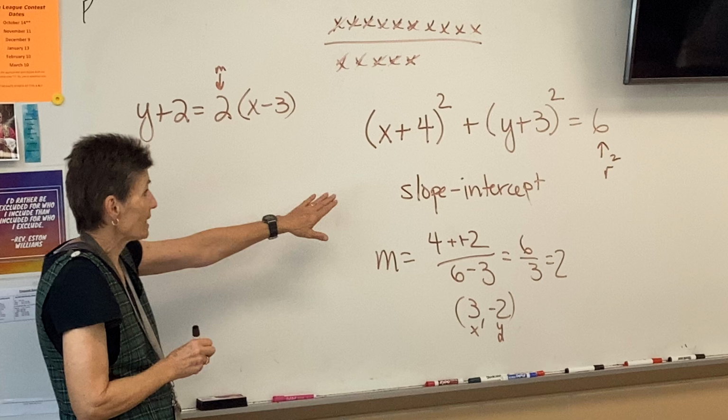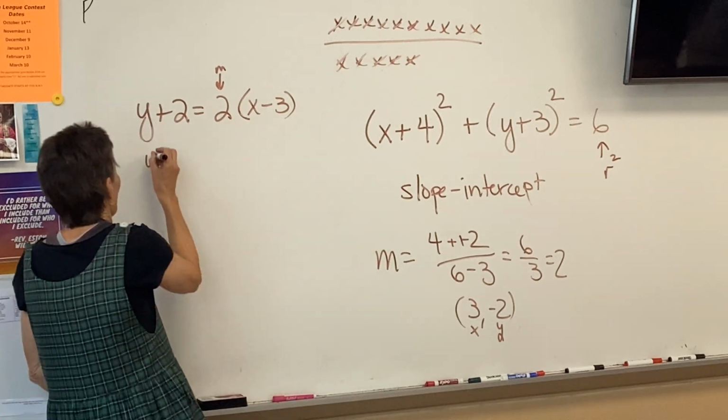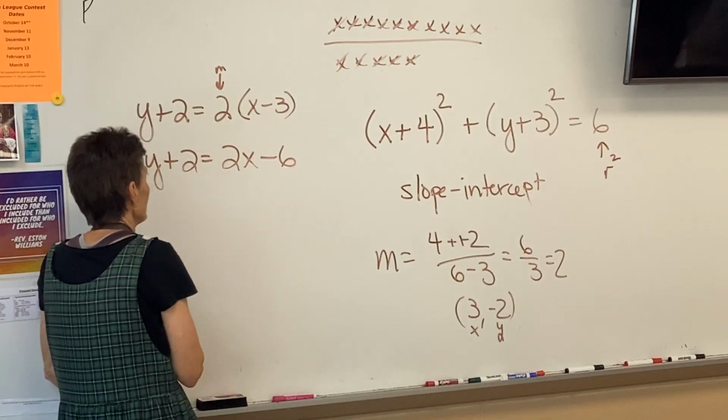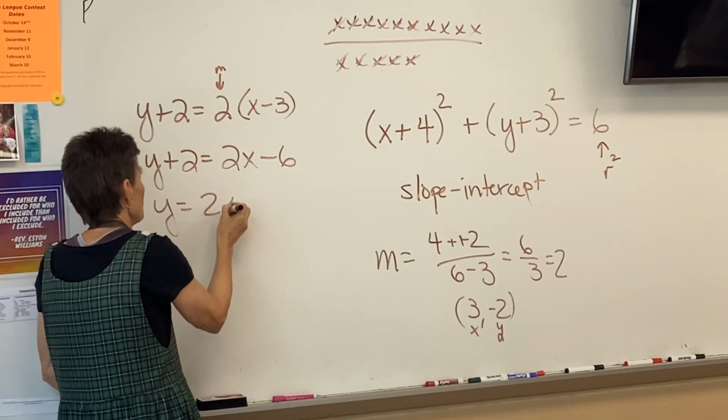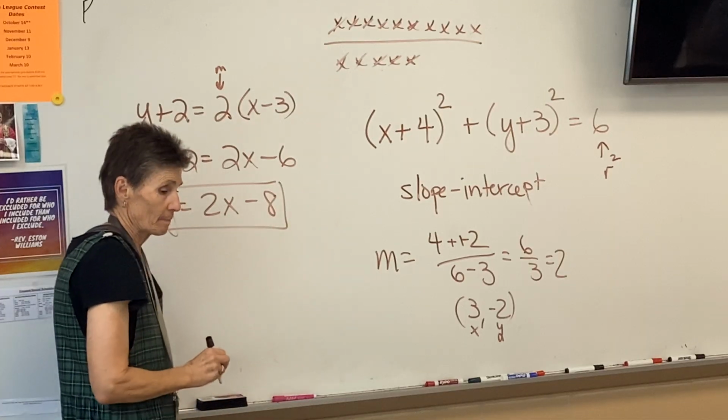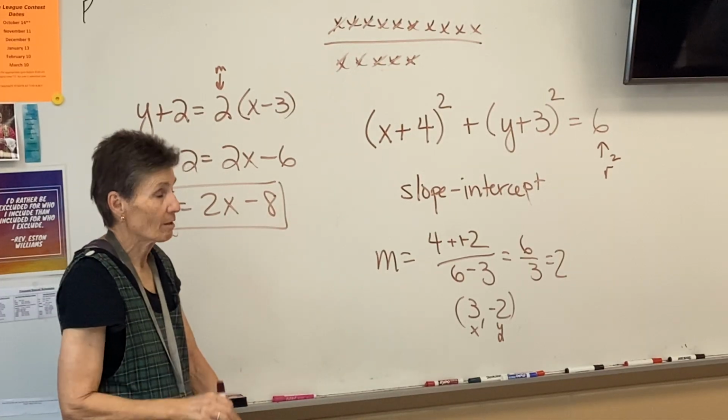Now, since I said slope intercept, I'm going to go ahead and distribute here and subtract 2 from both sides. And that will be our answer.